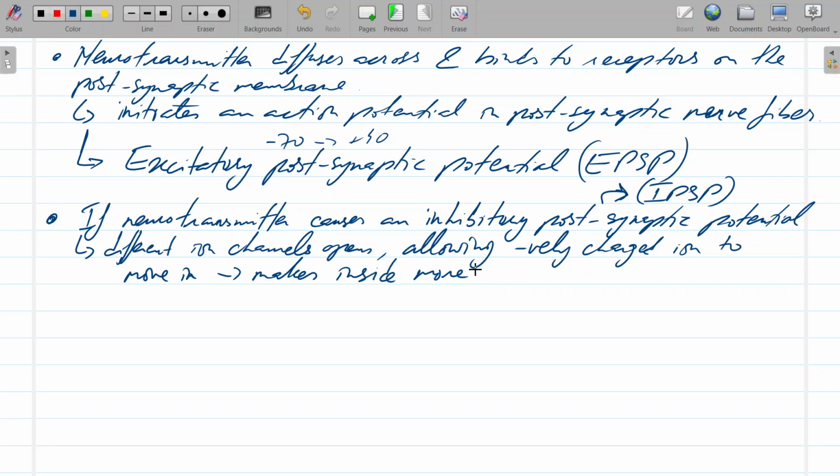And so from what we've understood so far, we know that an action potential is not going to be generated. In fact, it's going to inhibit the generation of an action potential, thus the inhibitory, right?